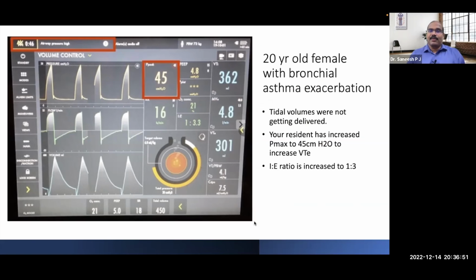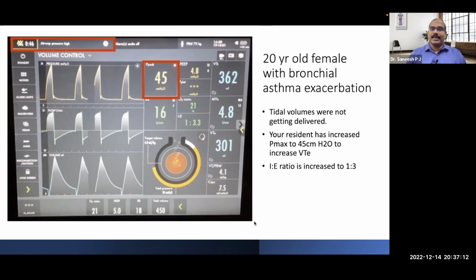Okay, this is a scenario of a 20-year-old female on ventilation with bronchial asthma exacerbation. The resident notes that the tidal volume is not getting delivered all of a sudden, and the alarm keeps beeping with low tidal volume, 170 mLs and minute volume of 2.1 liters.